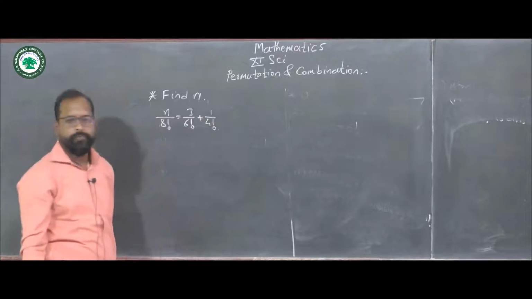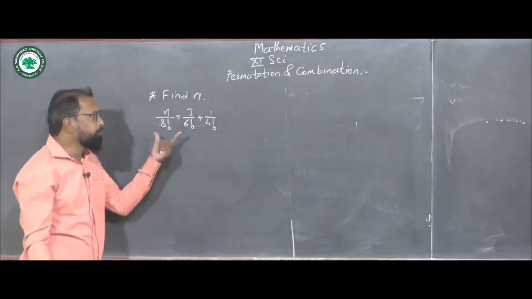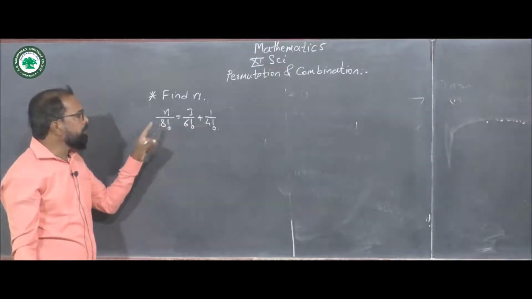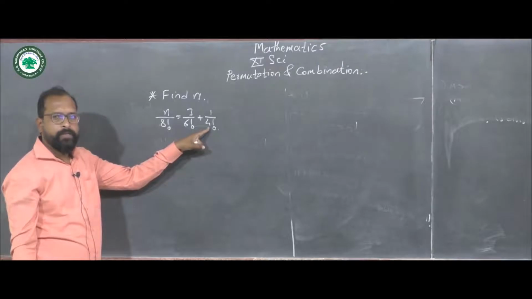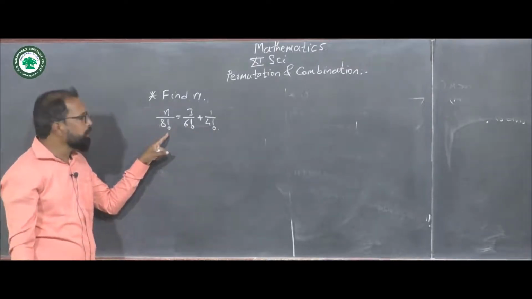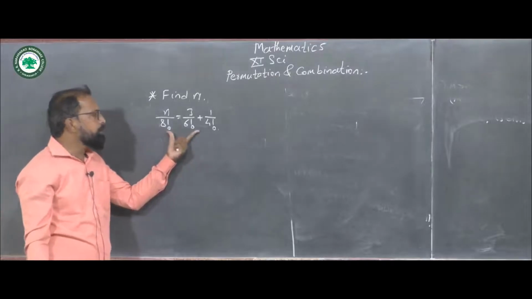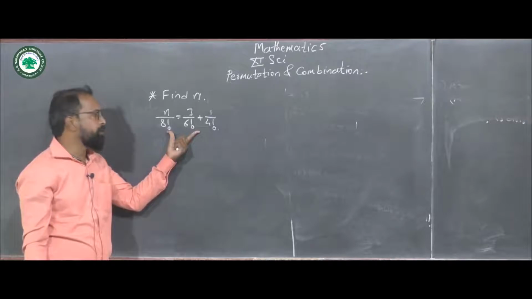For this example, see here: 8 factorial, 6 factorial, 4 factorial. There are 3 numbers with factorial notation, so we have to convert this into a single same number or same denominator.